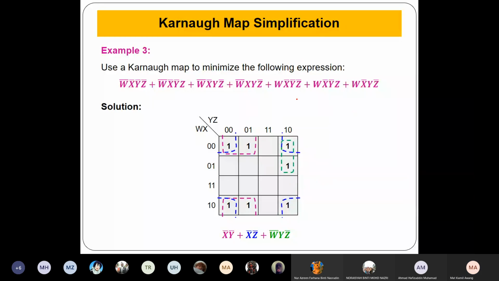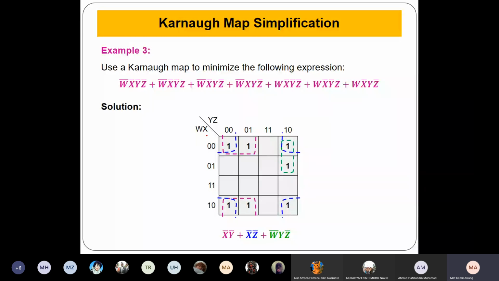So from here, then you start to write the expression. For this red one, basically the one that is changing: Y is changing, Z is changing. W also changes, because from here to here you have to change the W from 1 to 0 or 0 to 1.